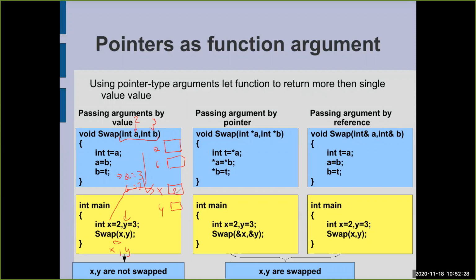So if x is equal 2, y is equal 3, a will be equal 3 and b equal 2, it doesn't affect the values of x and y. So there is no effect which is generated outside the function.